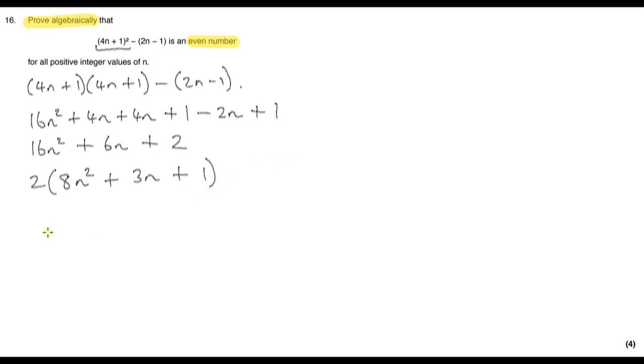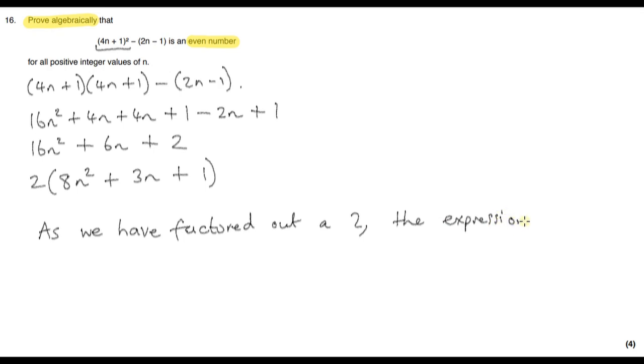So basically showing this proves that it is an even number, and if we just give an explanation, we can say that as we have factored out a 2, the expression must be divisible by 2.